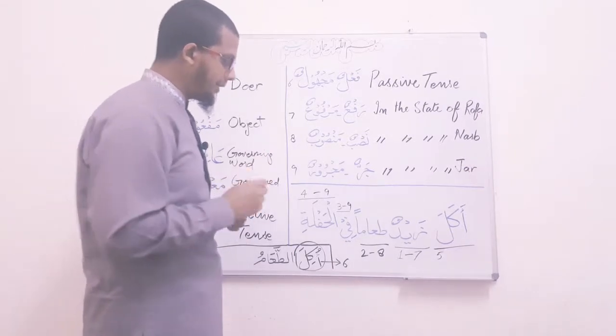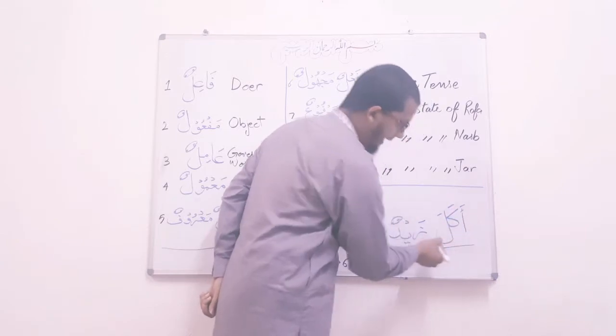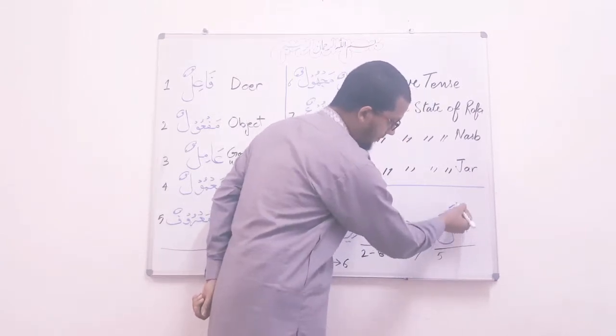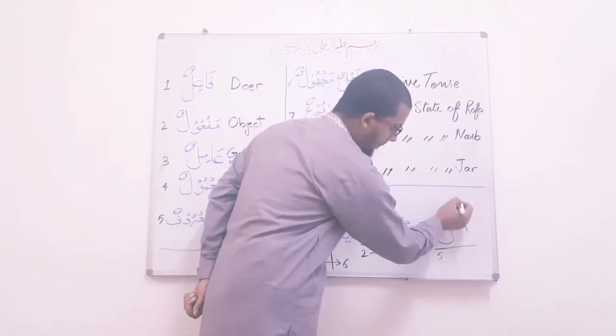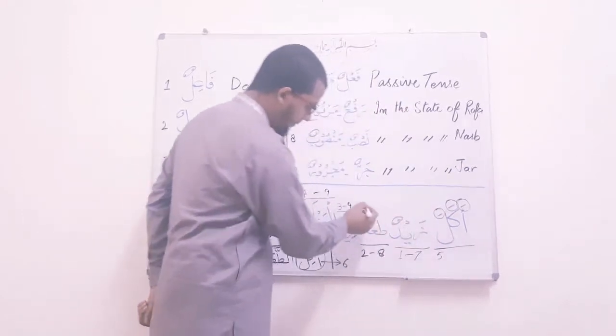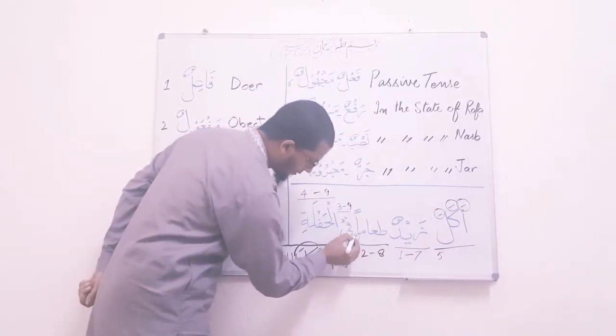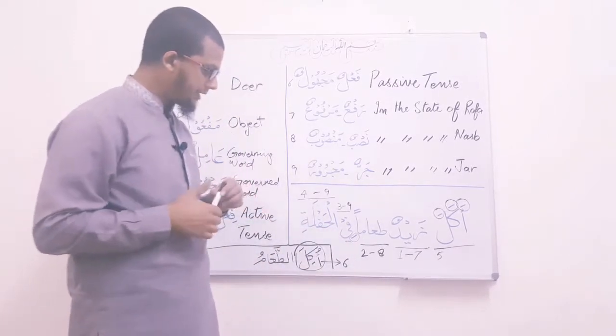So for example, in this example of ours, if you see akala, you have fatha again. This symbol which is very obvious here, and all these symbols which are very obvious here, for example in fi you have this kasra under it.